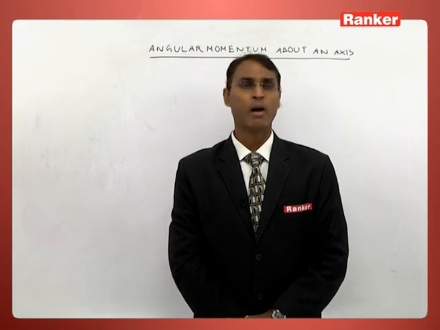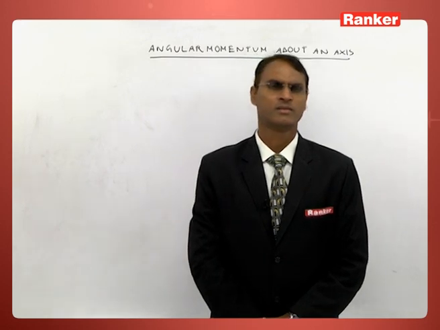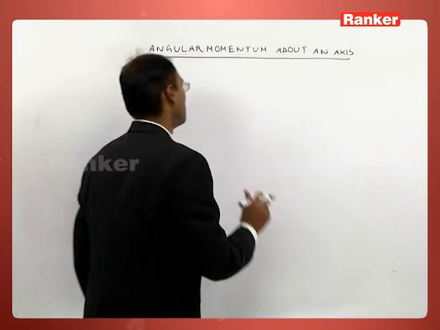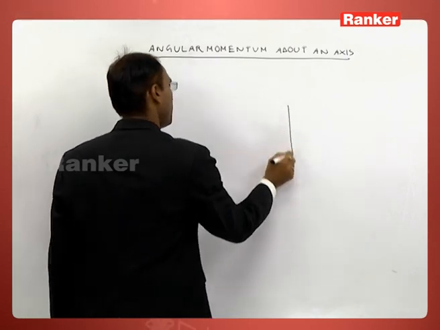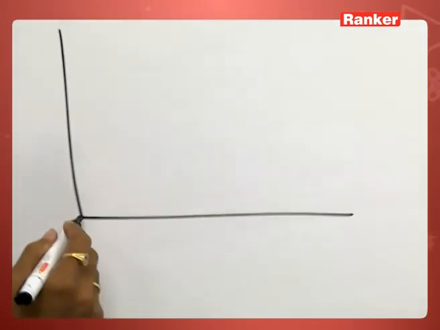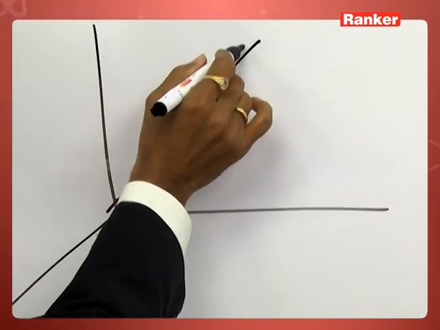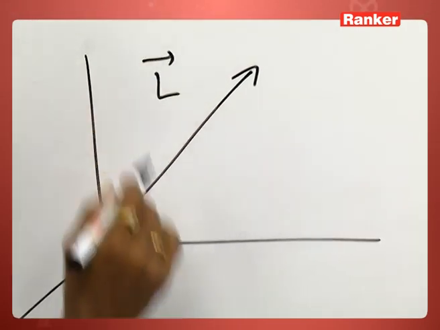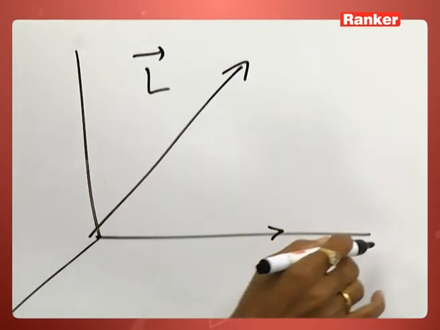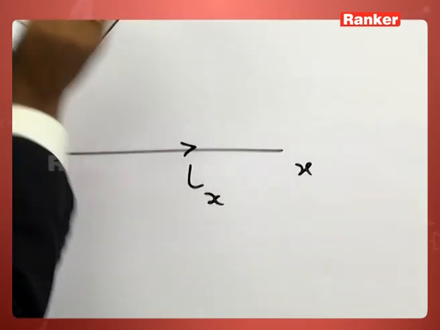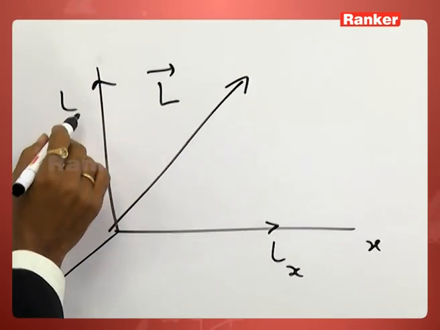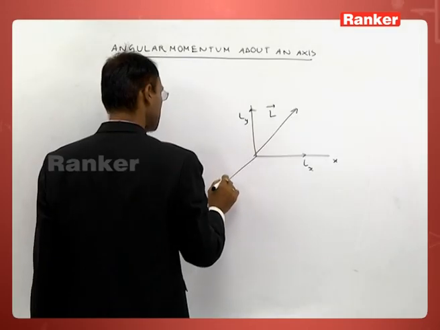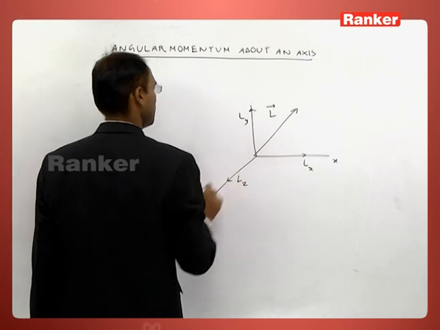The angular momentum about an axis, say angular momentum is L, about the x-axis it is Lx, about y-axis its component is Ly, about z-axis its component is Lz.